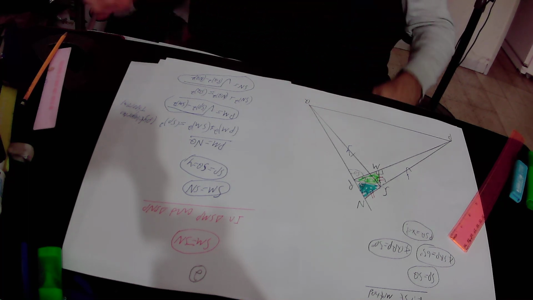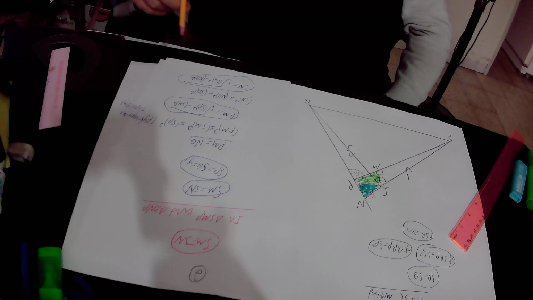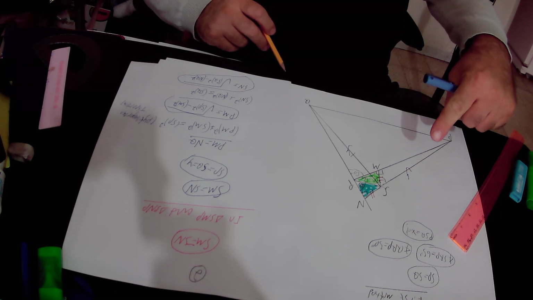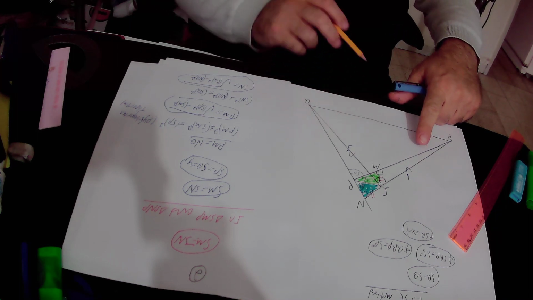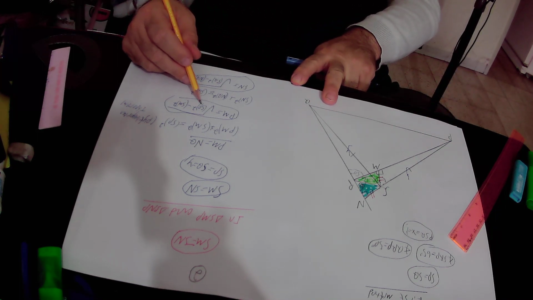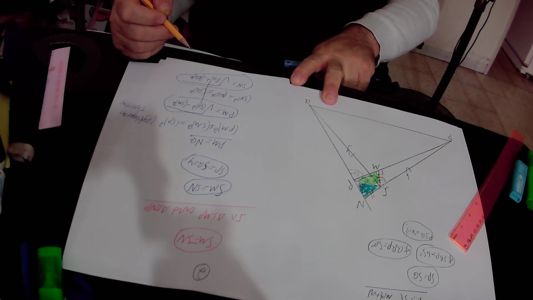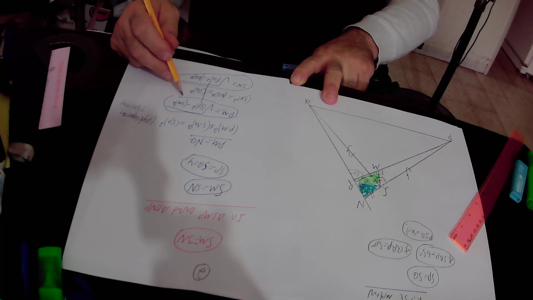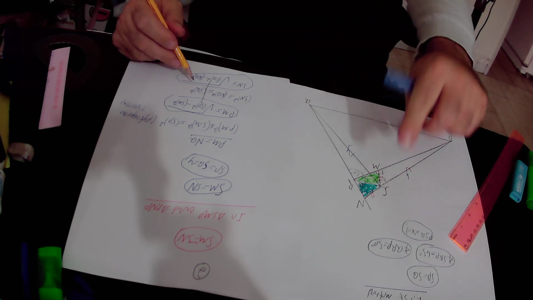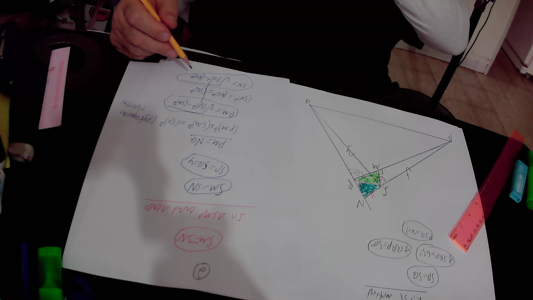But we know that SP equals SQ equals y, so SP equals SQ, and SM equals SN.